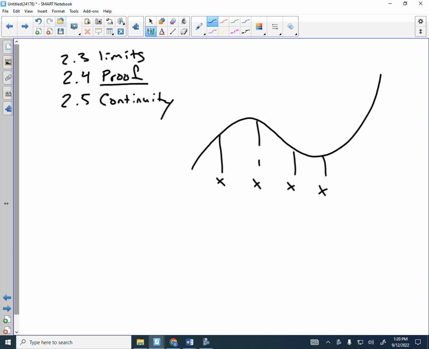And here's the deal. As we move forward to 2.6, you find those slopes like we did. In order for us to be able to say anything about calculus, there are 2 things that have to be said. Number 1, we cannot really work with functions that are not continuous. We must have continuous functions.